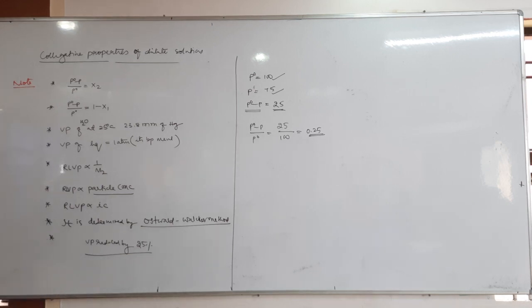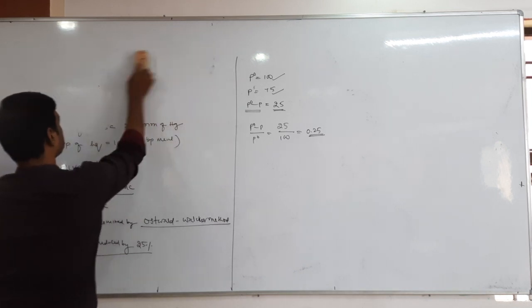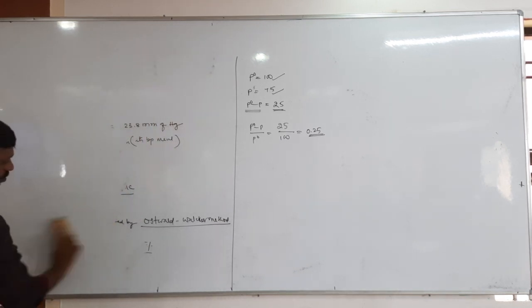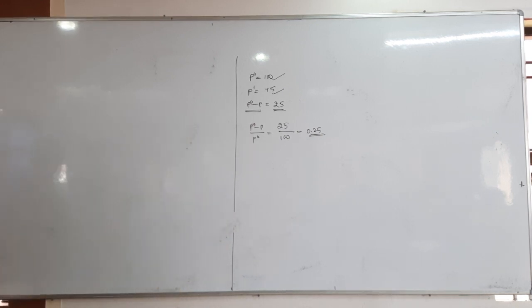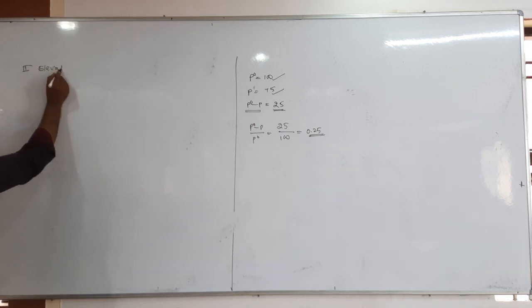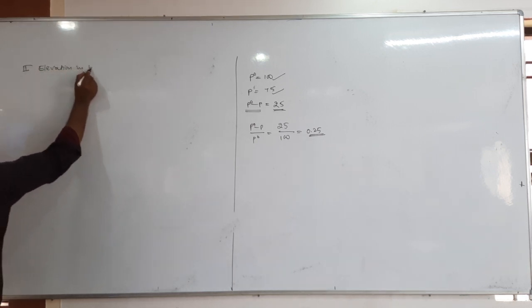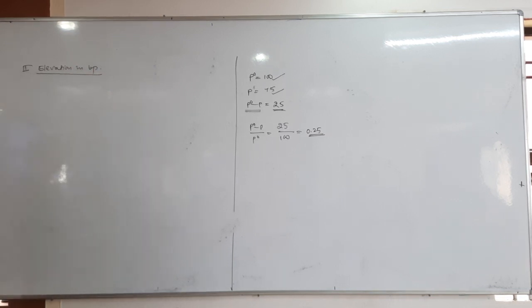So next, elevation in boiling point, the second colligative property. Come on, tell me. Let us see first what the boiling point is. Can you tell me, anybody, what is boiling point?